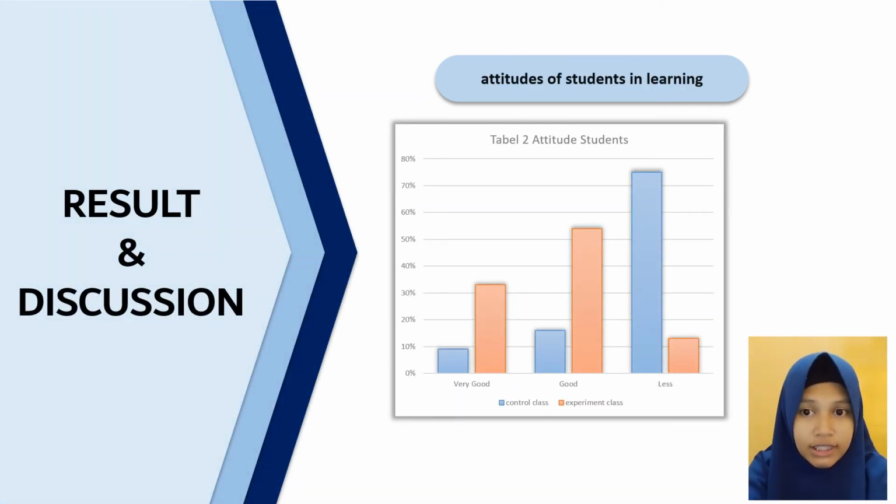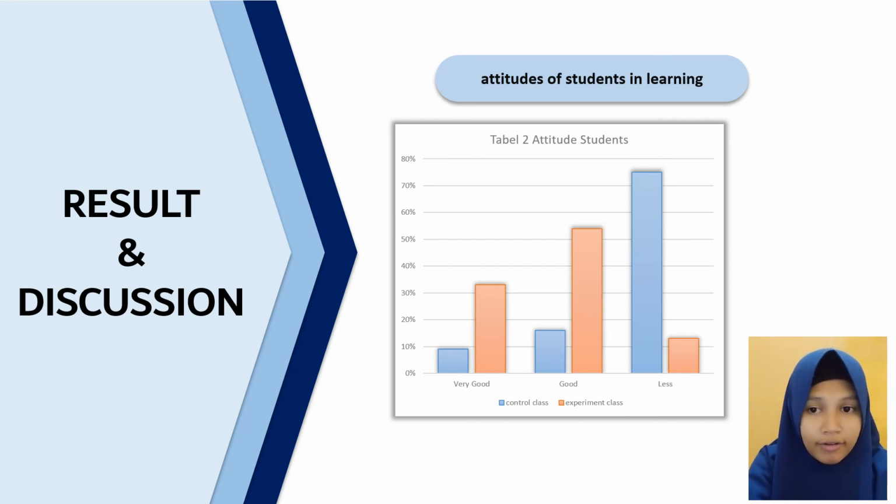After calculating, it was found that 9% of the students in the control group had a very good active attitude, 16% had a good attitude, and 75% of the students were less active.